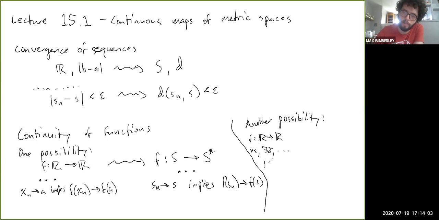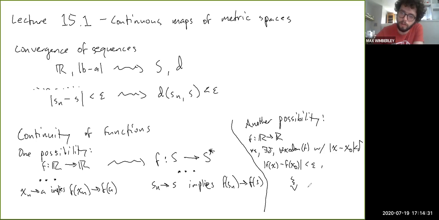In the end, we have f(x) minus f(x naught). Actually, the "and so on" is important in this case. There exists a delta such that for all x in the domain of f with absolute value of x minus x naught less than delta, this is less than epsilon.